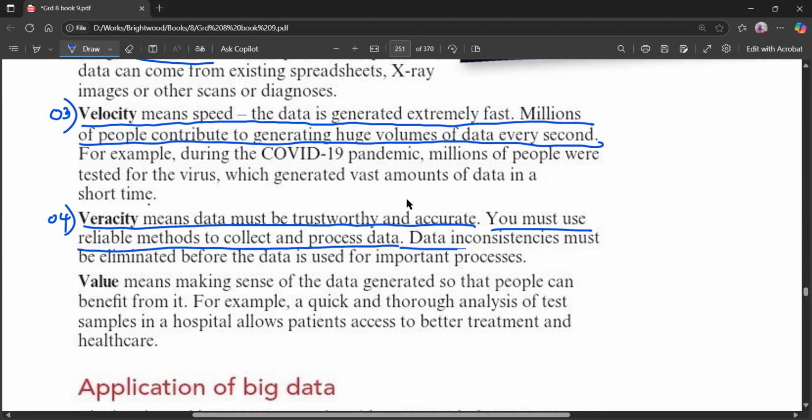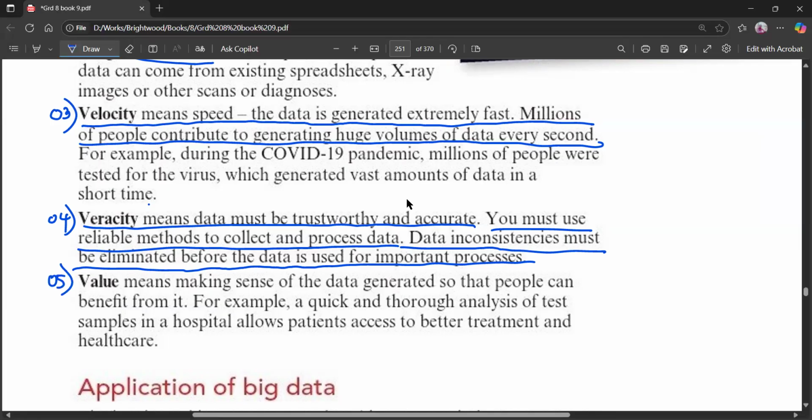Inconsistencies must be eliminated before the data is used for important processing. So that is veracity.